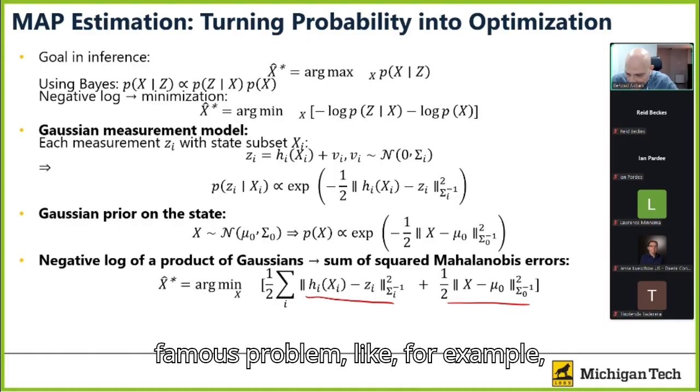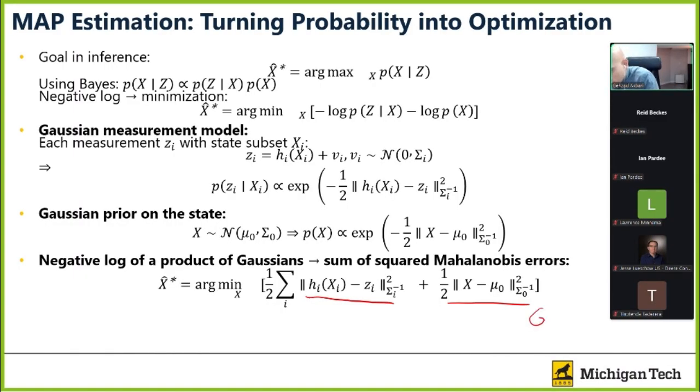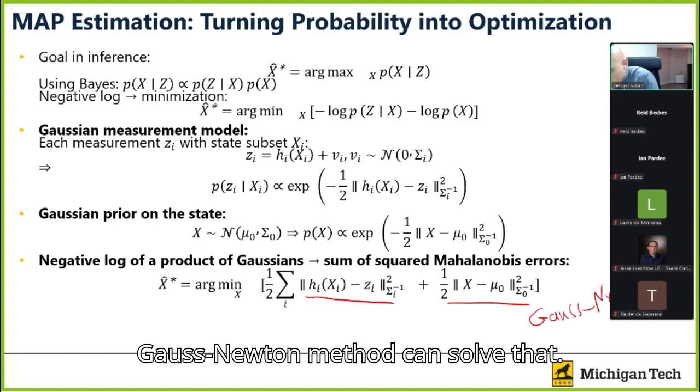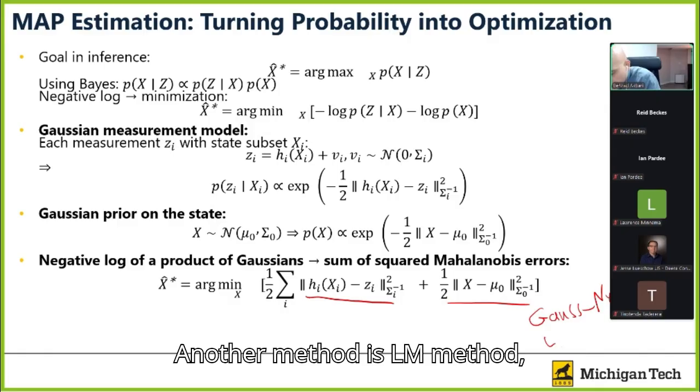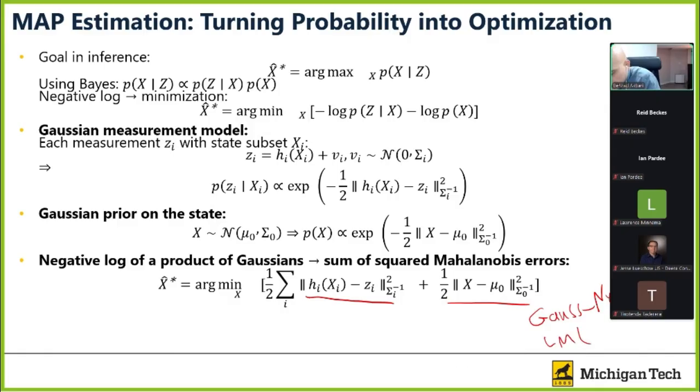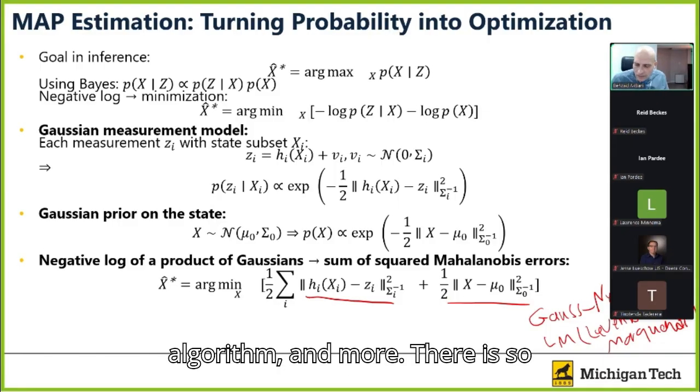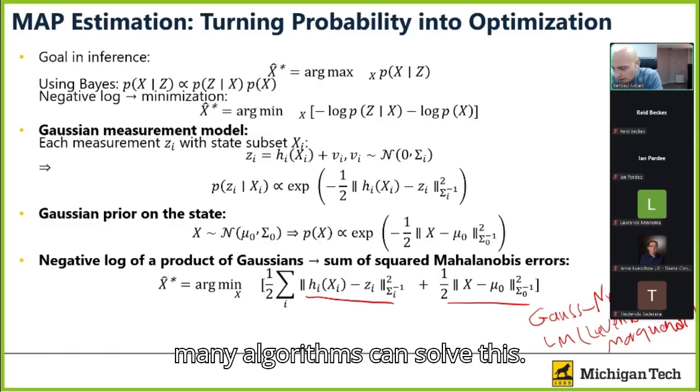This is a very famous problem, like for example, the Gauss-Newton method can solve that. Another method is the LM method, that is the Levenberg-Marquardt algorithm, and more. There are so many algorithms that can solve this.